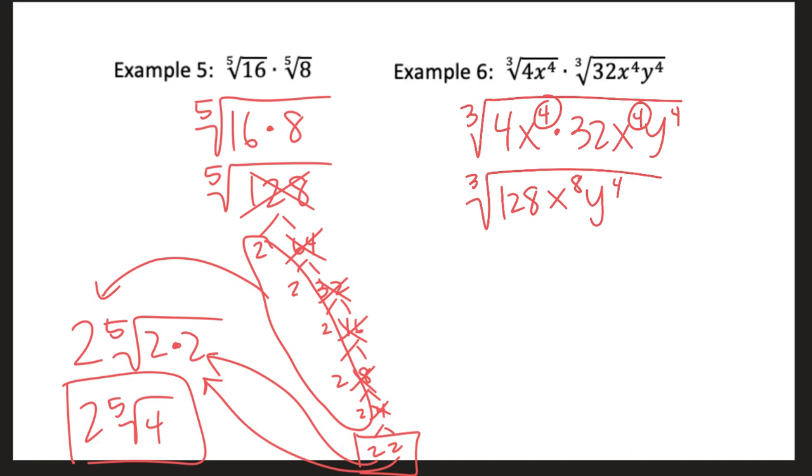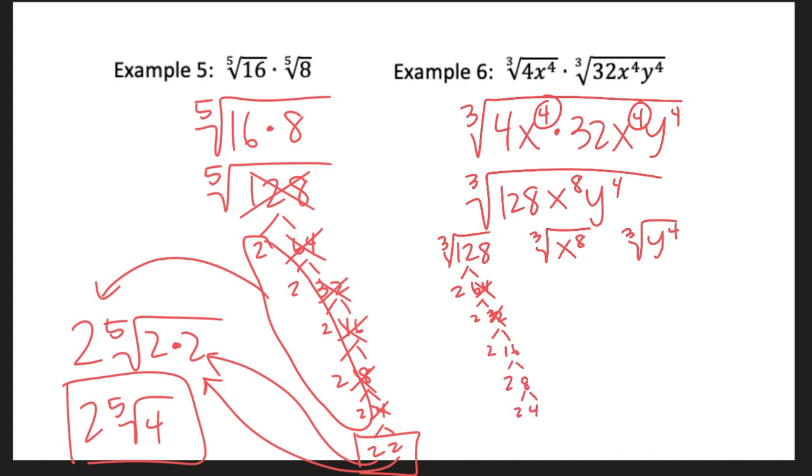So I'm going to break down each of these individually and see what we can pull out. Now, if I do the cube root of 128, it's not a nice whole number. It gives me a decimal. So I'm going to break it down. I know we just did it over there, but it's the exact same number. But this time we are looking for groups of 3 numbers.